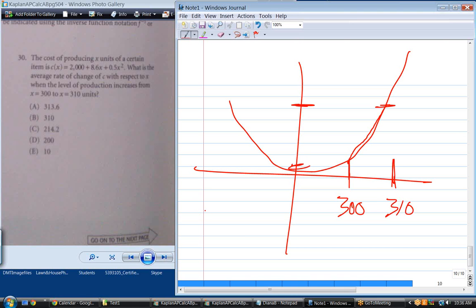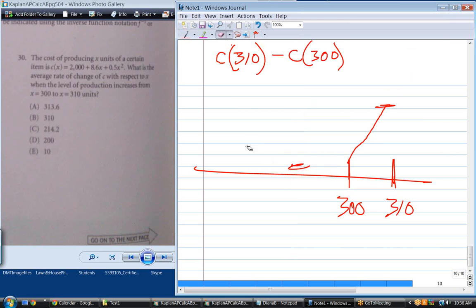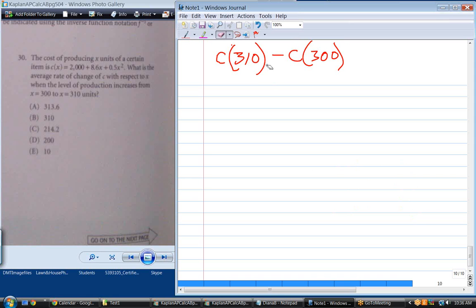Well, the key to this problem is stating it. In other words, what we want is the rise is C of 310 minus C of 300. Make sure you understand that. That's critical in calculus, is representing the y value this way. All over 310 minus 300. That's the run.